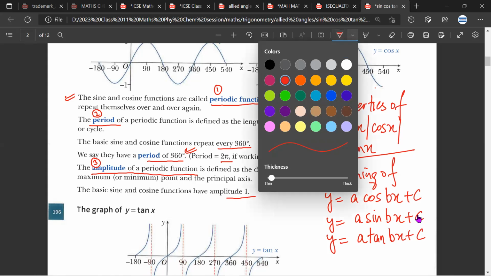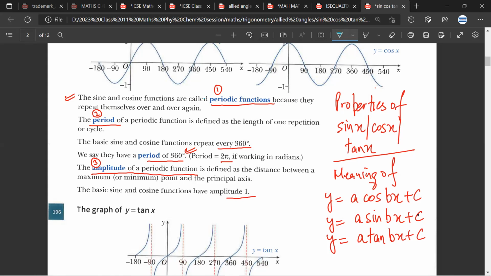Okay. Then they are saying something about the amplitude of a periodic function. Now, amplitude is something that you would have learned in class 10th when you were studying waves, sound actually. In sound, they would have told you something about amplitude. And here also, the definition is the same.